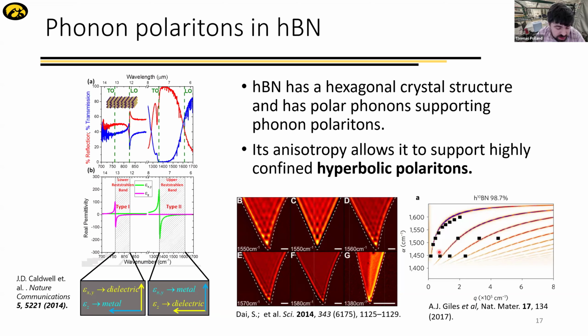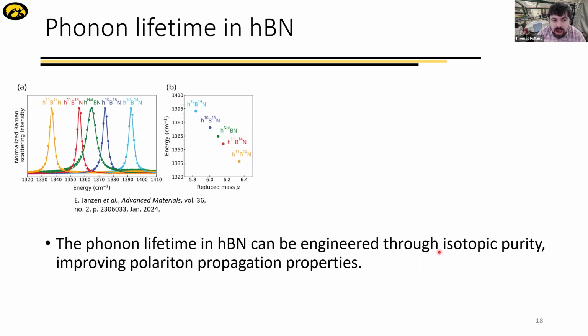So one thing that's particularly interesting about boron nitride is that because it's so light, if you change the isotopic composition of the boron and the nitrogen, it has a really dramatic effect on its optical properties.